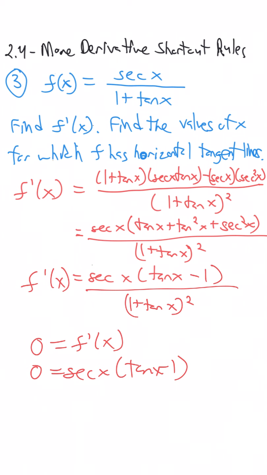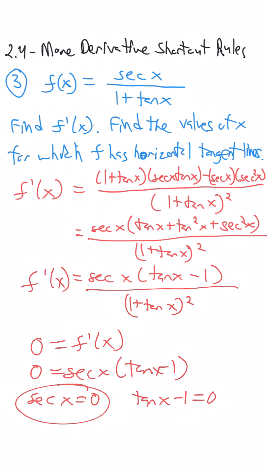All right, so either when secant of x equals 0 or when tangent of x minus 1 equals 0. Well, secant of x is never going to equal 0, right? That's not a thing, if you remember the shape of secant of x. Tangent of x minus 1 equals 0.